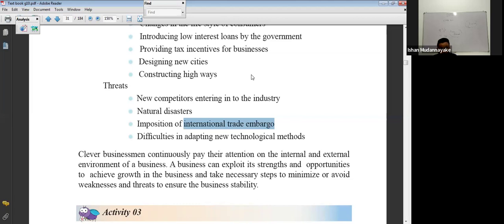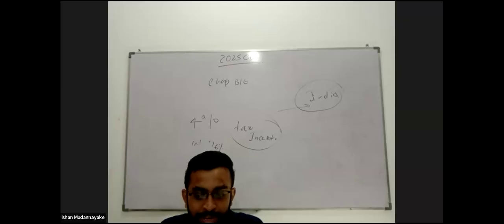The supreme leader of North Korea is Kim Jong Un. To that country you can't export products, and from that country sometimes you can't import products. Because of the Russia and Ukraine war, America has imposed some restrictions on Russia. International trade embargo, international trade barriers.